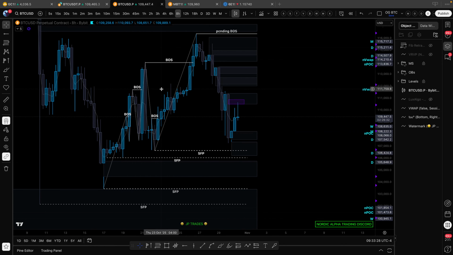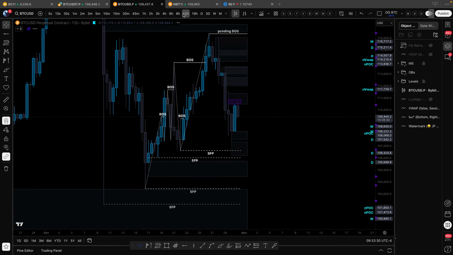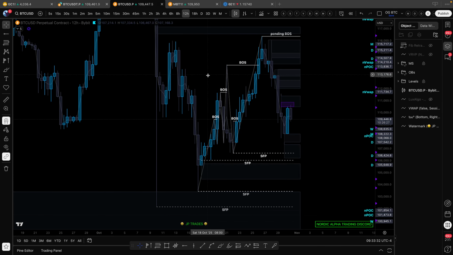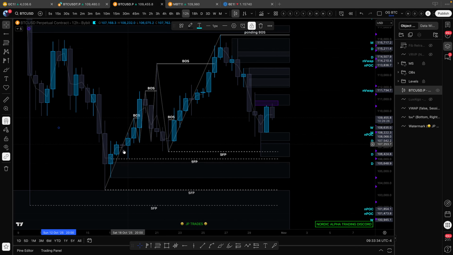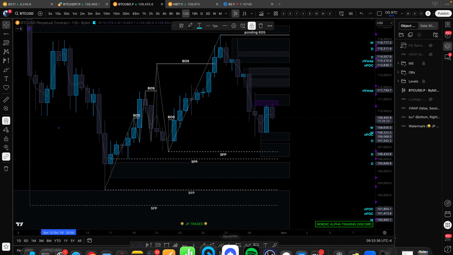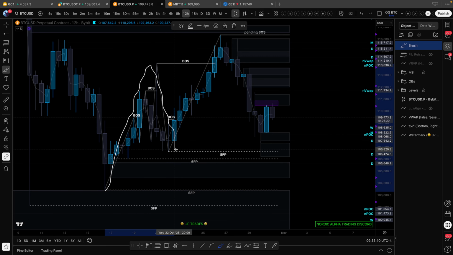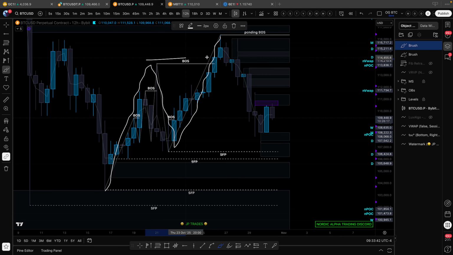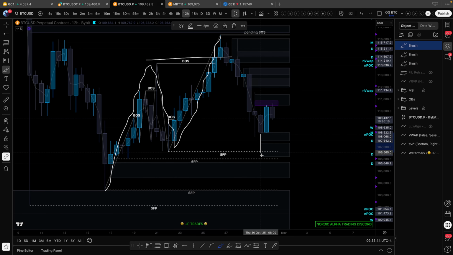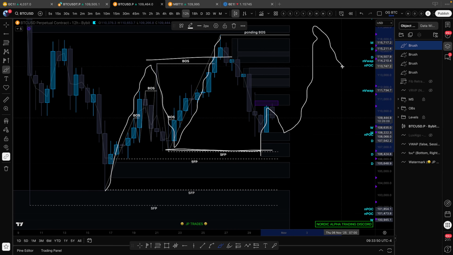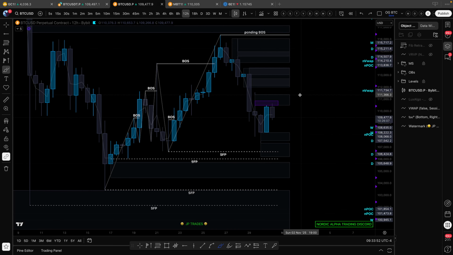It is not, in my eyes, 8 hour structure. However, it does translate to 12 hour structure here. Your 12 hour structure would look simply like this. You had that break of structure, and now you SFP'd the previous low. And so now we're trying to continue that trend up.